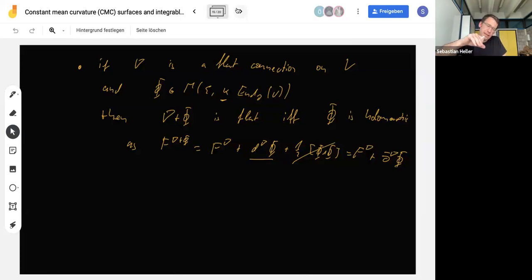So we have these finite dimensional affine spaces in which we can look for flat connections. Okay, are there any questions so far?